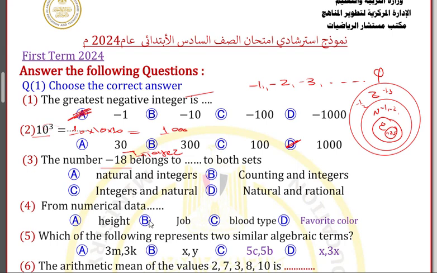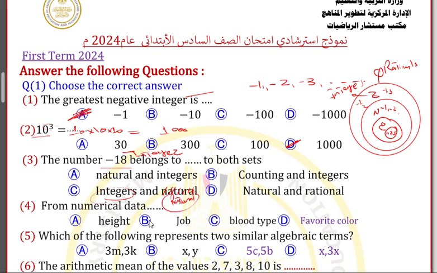So -18 belongs to integers and rational numbers. We don't have this choice here, so we can remove natural and replace it by rational. So integer and rational, keep it in your mind.